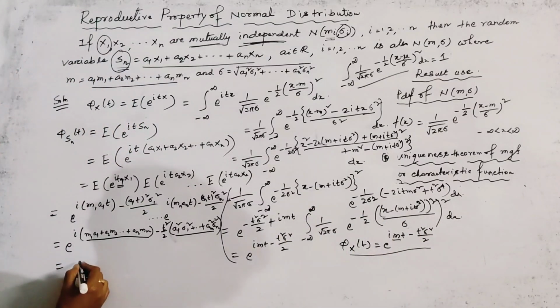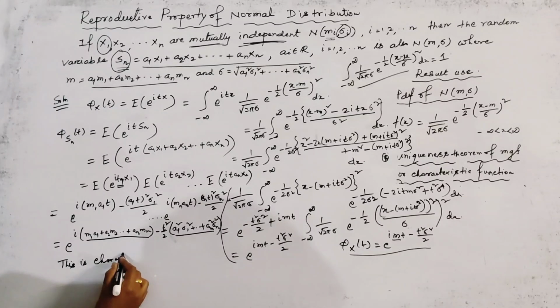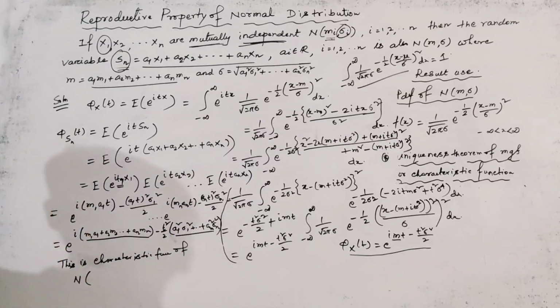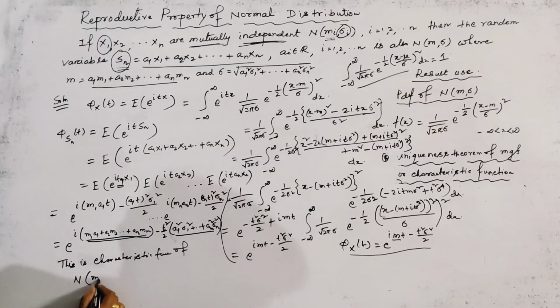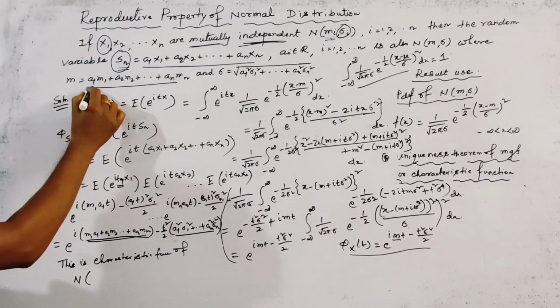Okay, so we write that this is the characteristic function of a normal distribution where m is m1 a1 plus m2 a2 up to an mn, as given in our problem.